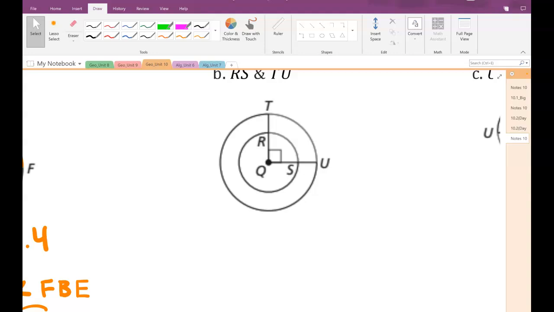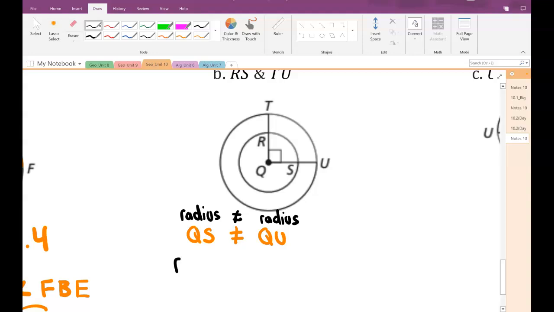But since this is shrunken down, the radius QS is not equal to the radius QU. This is a radius, and this is a radius. So if our two radii are not equal to each other, then we say, nope, these are not congruent circles. So we'd say no.